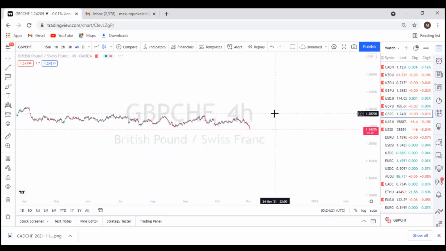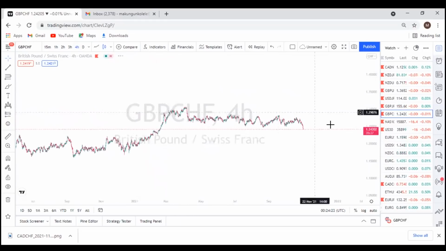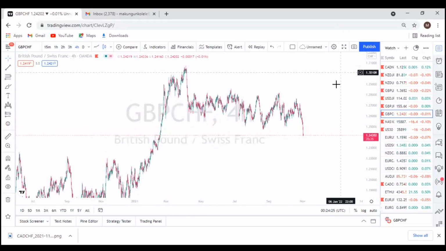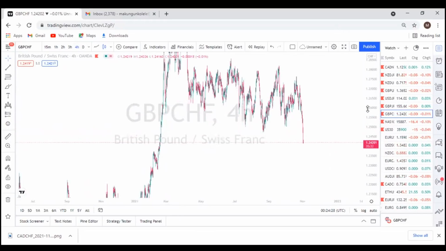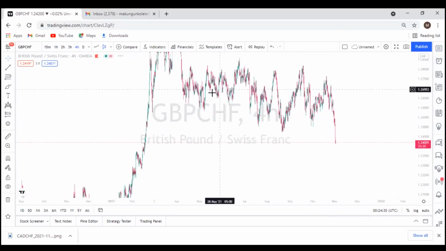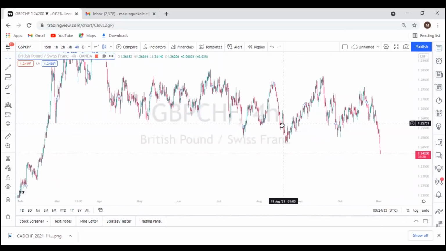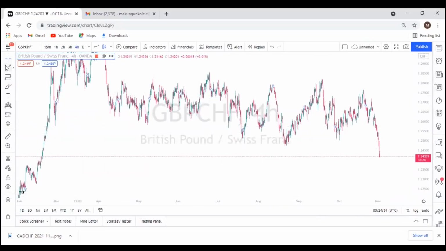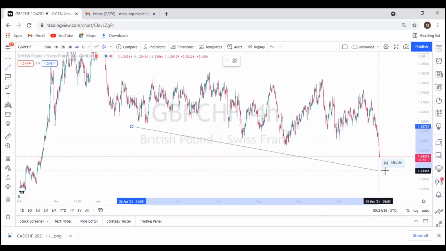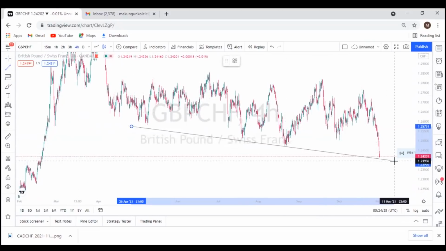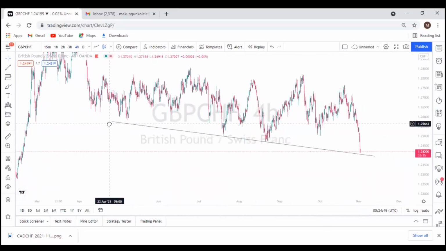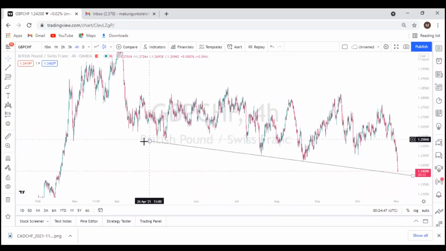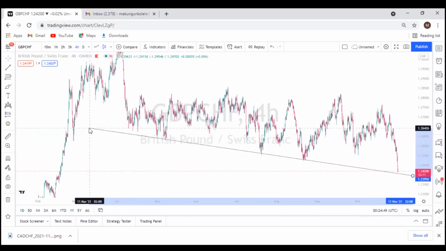So let me just start from the 4-hour time frame, since I know the direction, which is bullish. So we're gonna draw our trend lines, sorry. So just like that, and as you can see, we are having nice touches on this trend line.